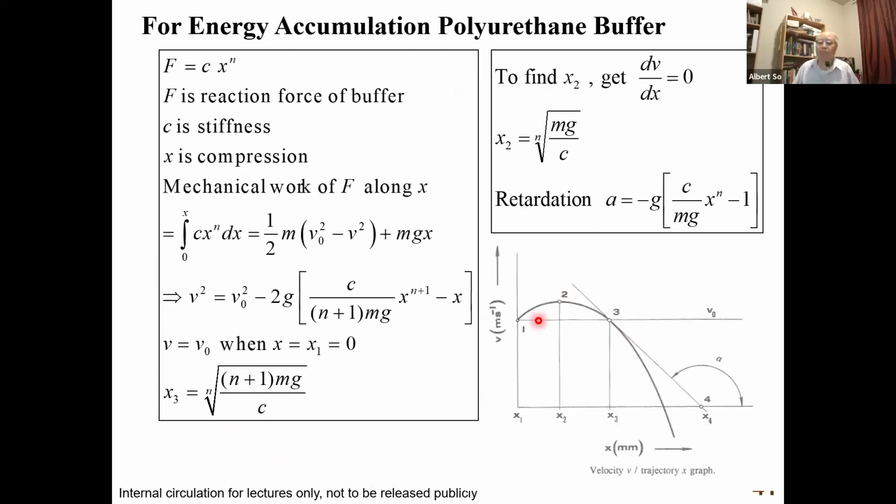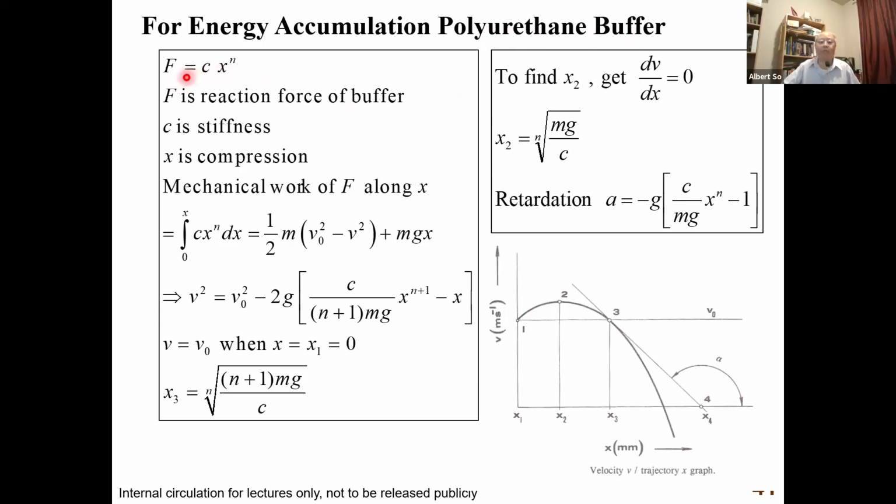Now, this is the mathematical model of energy accumulation buffer. This is the relationship between the force on the spring. Actually, this is not a spring; it's a piece of rubber. So for spring, F equals Cx, right?